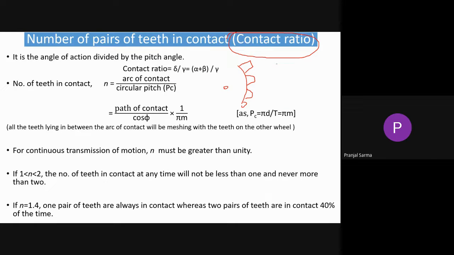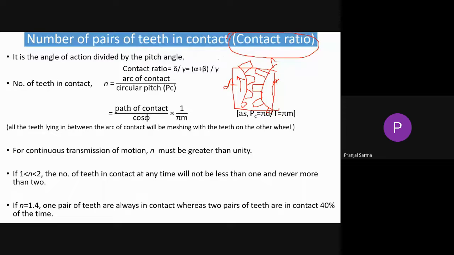Suppose this is gear A and this is gear B, don't mind my drawing, it's a very bad drawing. Now during the course of action, there is a certain number of teeth at this particular zone which come into contact.